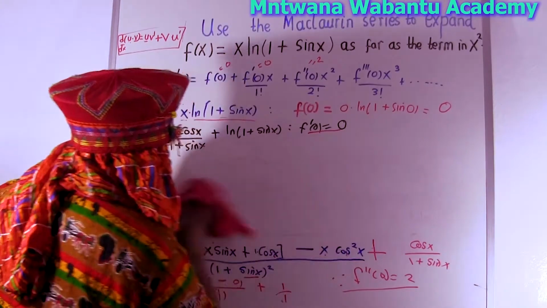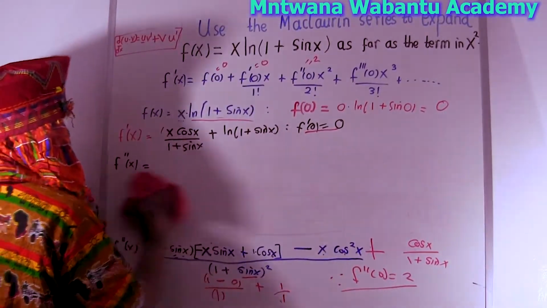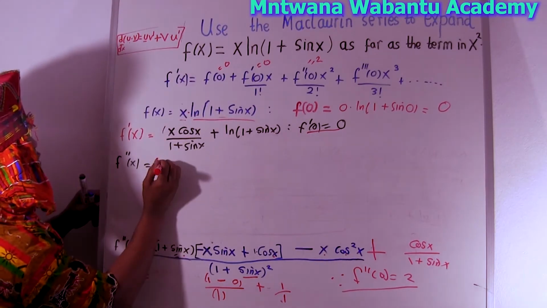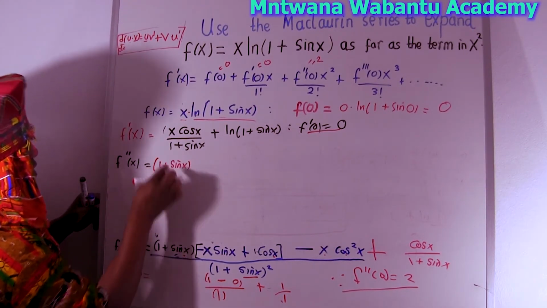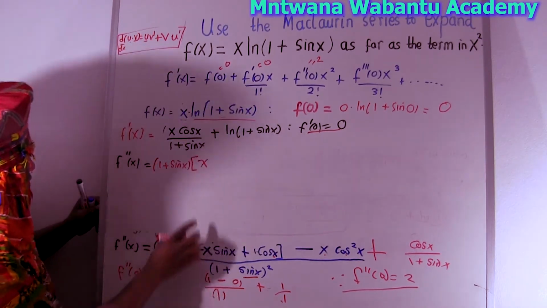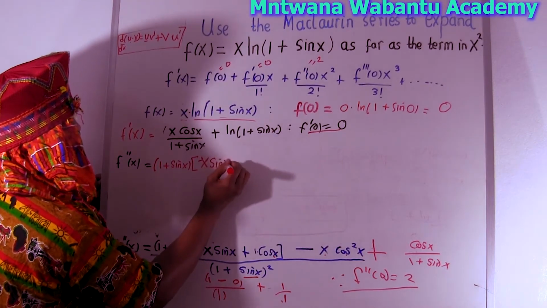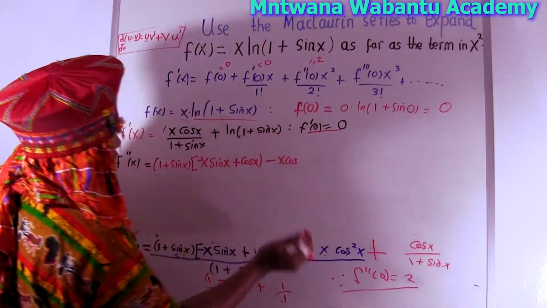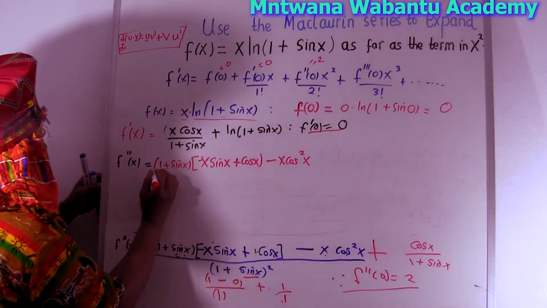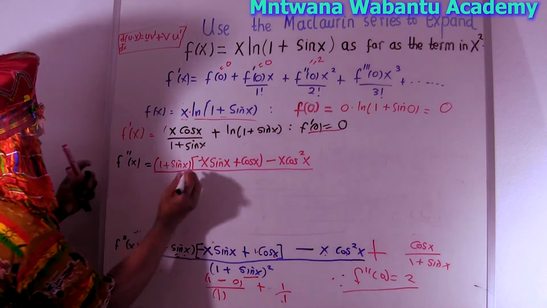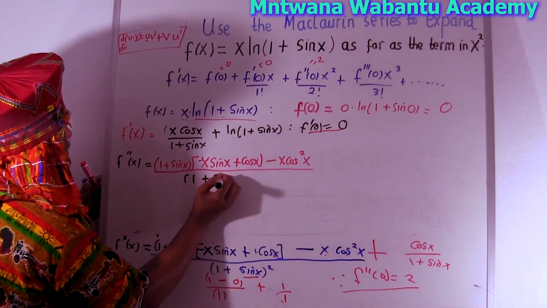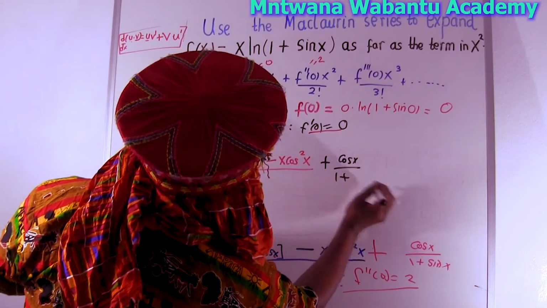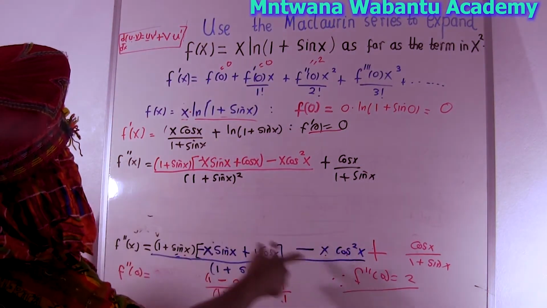So my second derivative equals (1 plus sine of x)(sine of x), and then negative x sine of x, plus cos of x, and then minus x cos squared x, and then over 1 plus sine of x, and then plus cos of x over 1 plus sine of x. This is the second derivative, but you need to show how the answer comes.